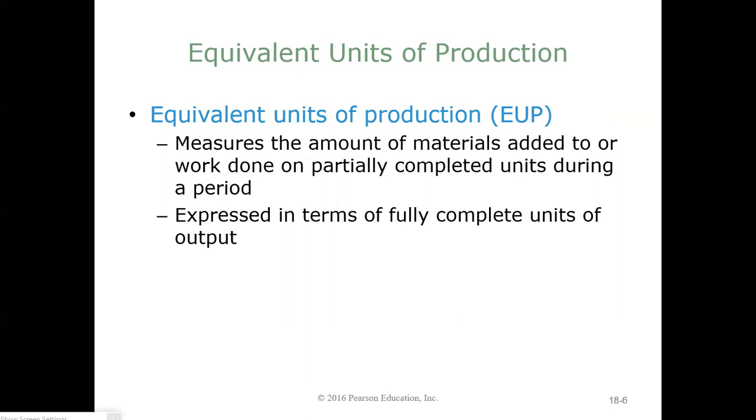So a concept that gets introduced in this chapter that is a little confusing is the equivalent units of production, or EUP. The equivalent units of production is confusing because what we're saying is, at the end of a period, we're going to have some partially completed units in any given part of the process or any given department.